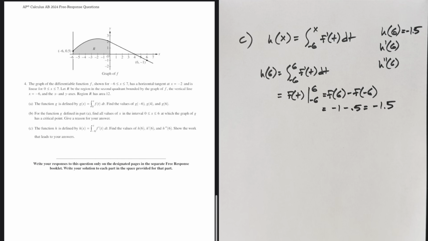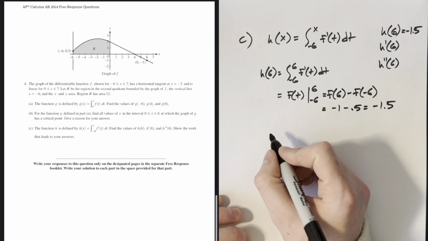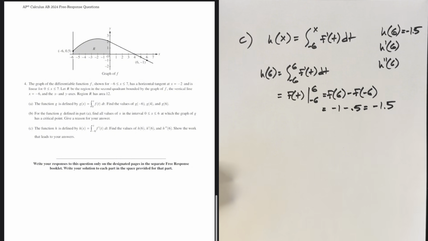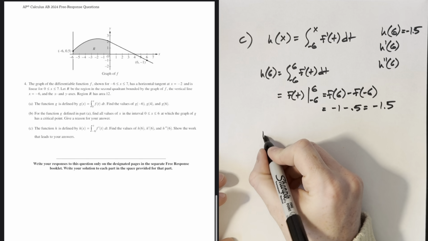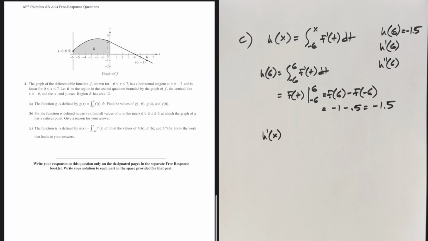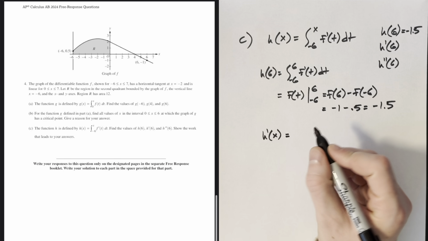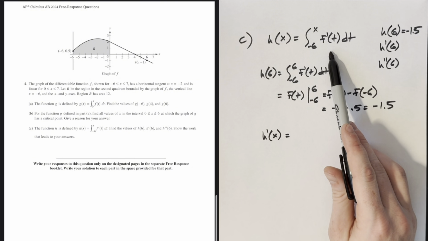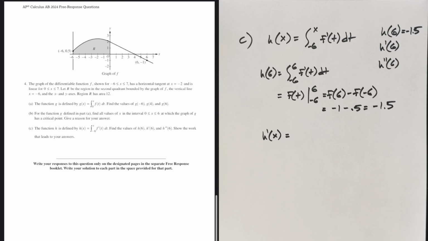So let's look at the second one, h prime of 6. I think this first one actually gave us 2 out of the 4 points. So we're living large. But h prime of 6. First thing we need to find is h prime of x, right? Then we can just plug in x equals 6. To take the derivative of this function, I can use that second fundamental theorem of calculus.